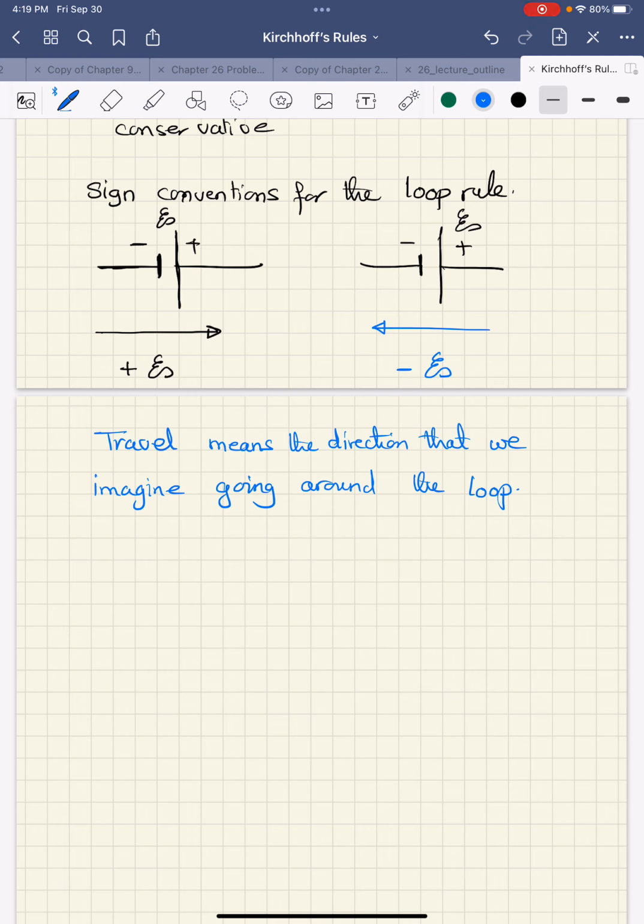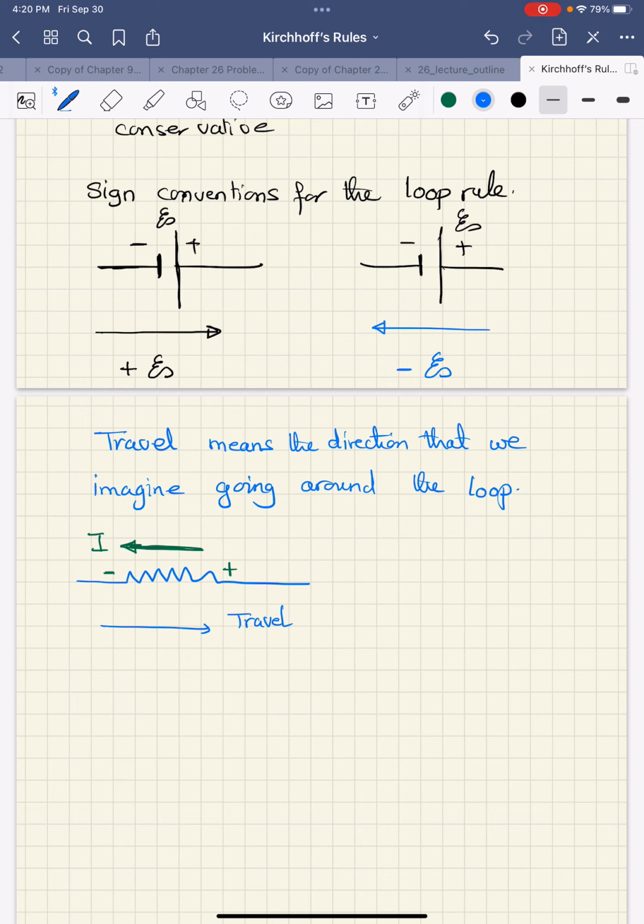Now, what about when I have a resistor? When I have a resistor, it has to do with the direction of the current. If this is a resistor where the green is the direction of the current, then this should be negative, this should be positive. If this is the direction of travel, I am traveling against the current.